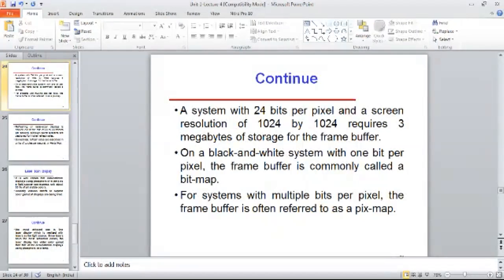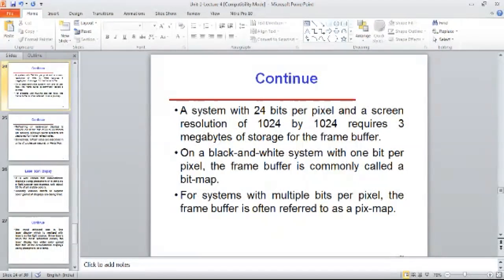But in case of a color system, there are multiple bits per pixel. One pixel contains a number of bits, meaning more than one. So this is the system here, that is called the frame buffer.